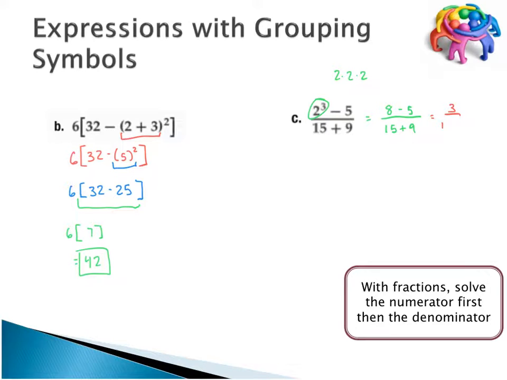Three over the denominator. And now I'm going to simplify my denominator. And then now that I have a number on top and a number on the bottom, I'm going to simplify the whole fraction and end up with 1 over 8.